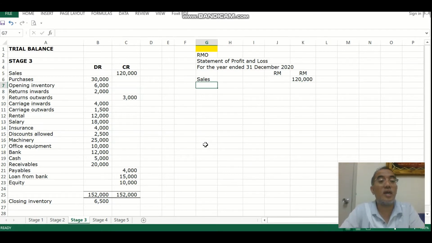And of course we want to find the net sales. We need to minus the returns inward, if any. Here we have return inwards.